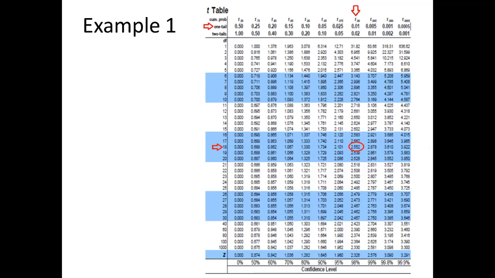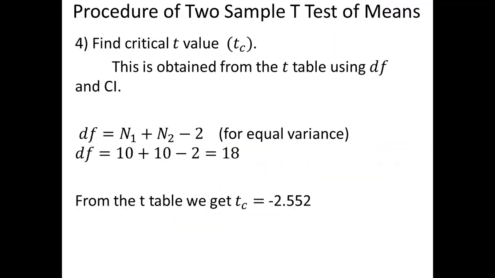Now please note that only the positive values of t are given in this table, but from the construction of this table, the same values in the negative can be written. For example, since we had our t as negative, the corresponding critical t value should also be negative. So instead of writing 2.552, we have quoted the value of Tc as minus 2.552.